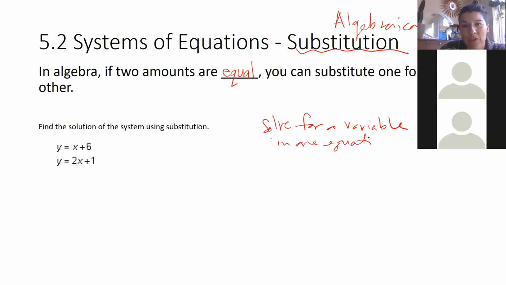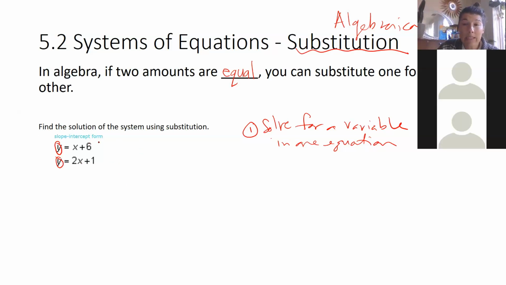So your first step for substitution is to solve for a variable in one equation. It doesn't matter if you solve for x or if you solve for y, pick one. And you'll notice sometimes one of them might already be solved. So notice not only is this first equation solved for a variable, but we actually even have it here. Hot dog, we have two of them solved for a variable, meaning we've isolated a variable.